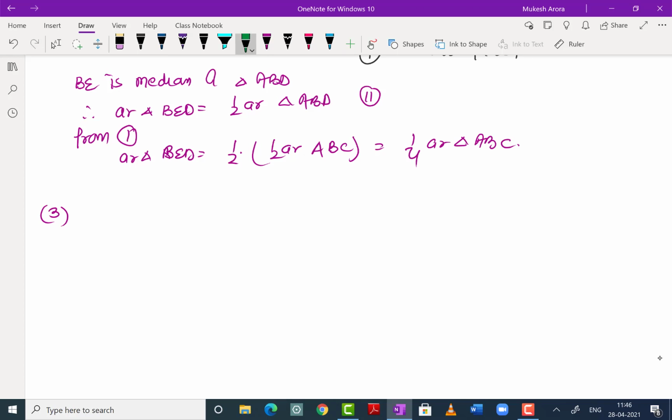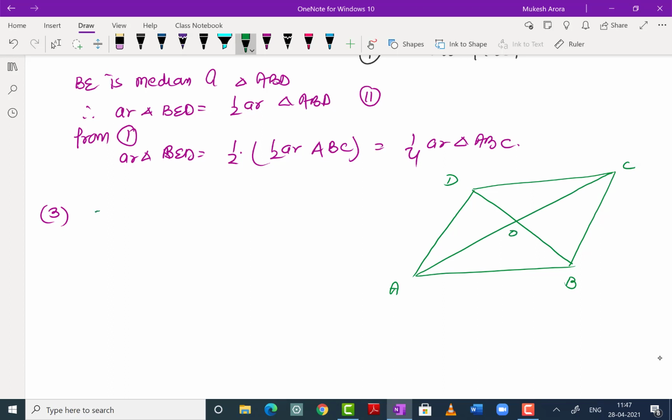Third, show that the diagonals of a parallelogram divide it into 4 triangles of equal area. Given parallelogram ABCD, O where diagonals intersect.